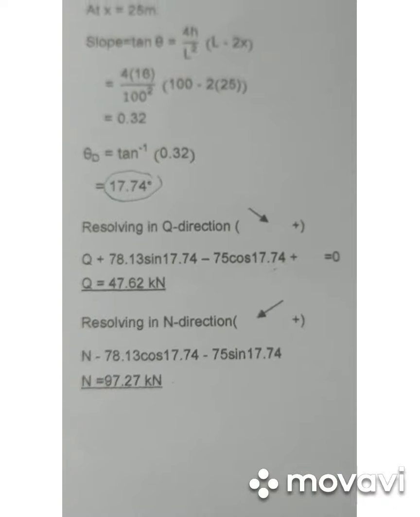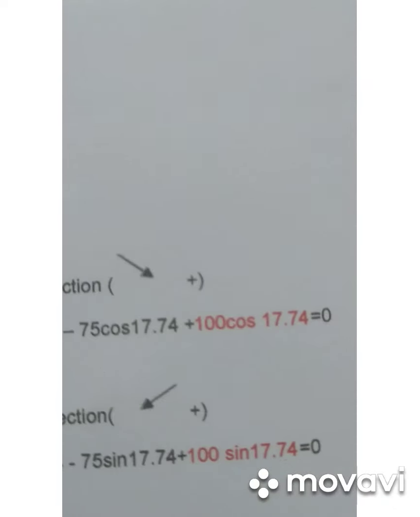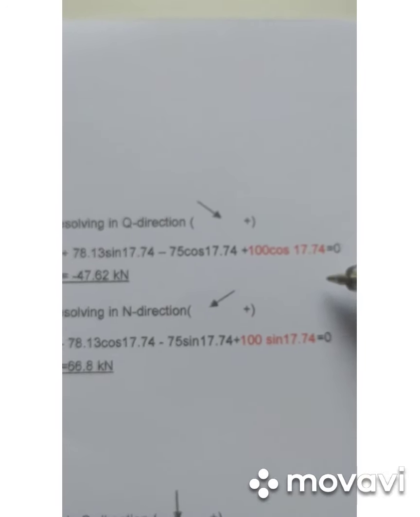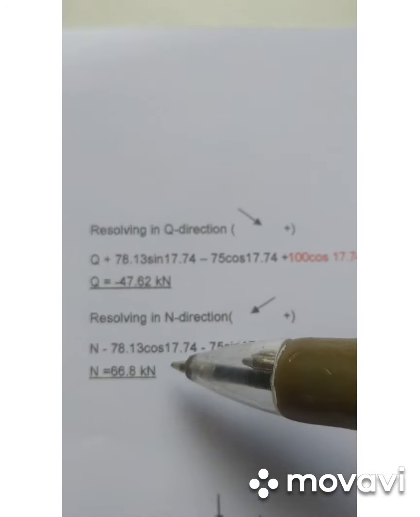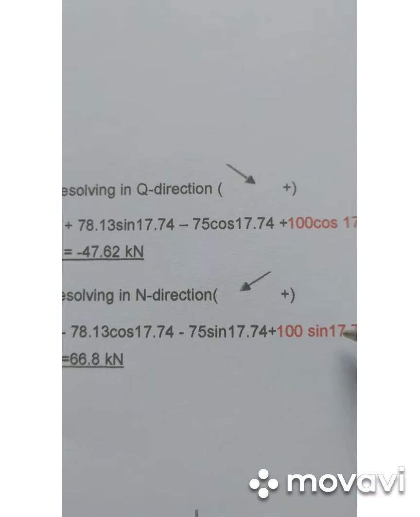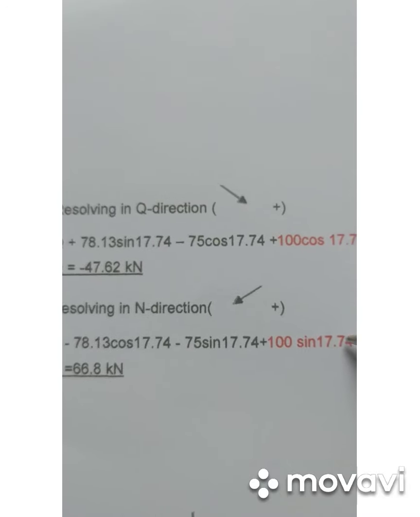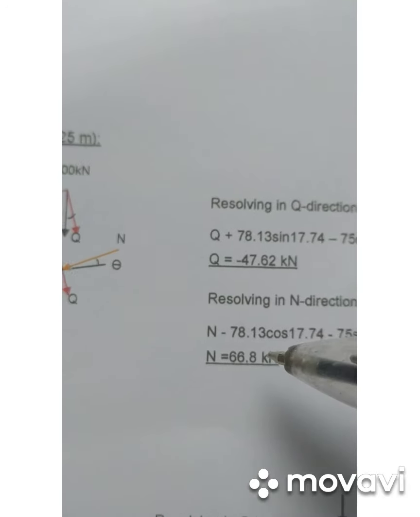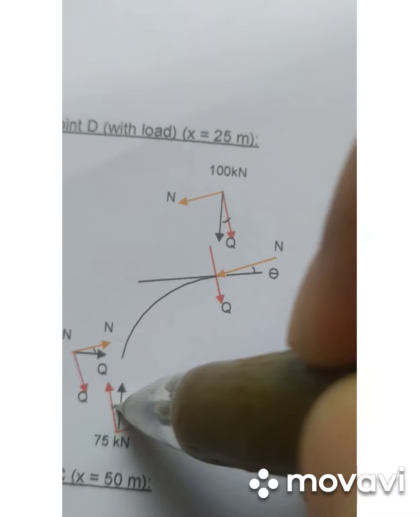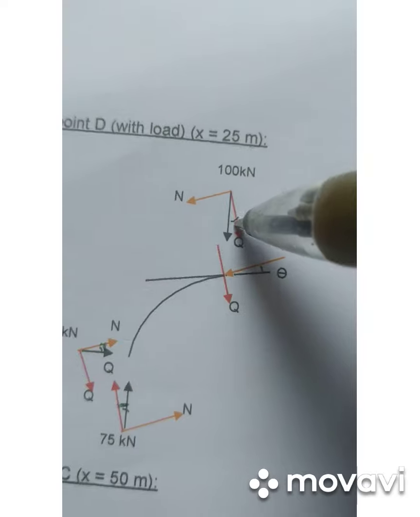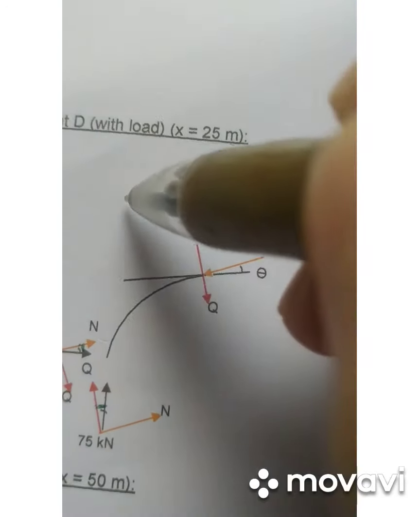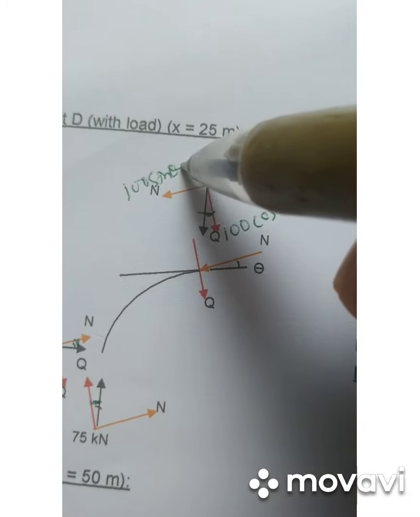And then you put 100 cos theta here. Also for the N direction, put 100 sin theta here. The resolving direction is equal, so this one is left, so theta is also at left. So this one is 100 cos theta, this one is 100 sin theta.